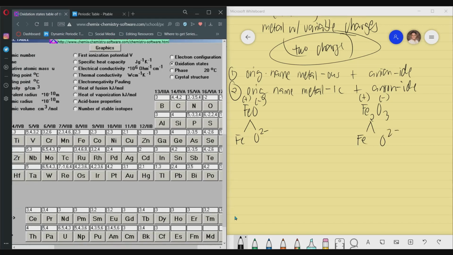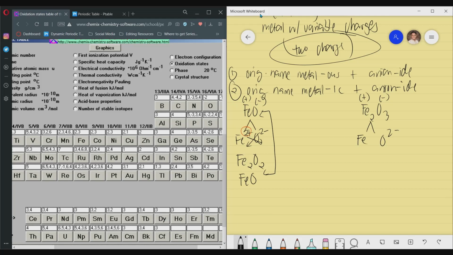Ngayon, ano kayang charge ni iron na kapag kinriss-cross natin silang dalawa, si Fe tsaka si O, FeO ang lalabas sa sagot? Now, looking at the choices, 2 at 3 lang naman yan. For FeO, this must be 2 plus. Pag kinriss-cross mo yan, meron kang Fe2O2, and then in lowest terms, you have FeO. So parehas na ngayon. Ang ginamit natin dito ay 2 plus kay FeO.